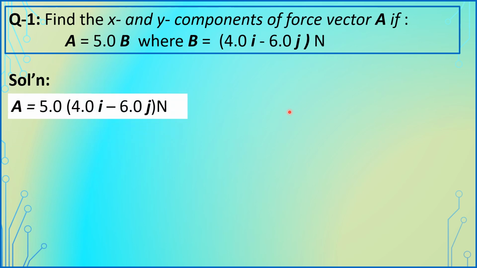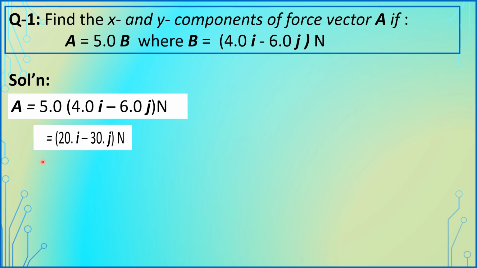So our solution, we just follow what is written in the question, that vector A is equal to 5.0 multiplied by vector B. That is 5.0 to be multiplied by 4.0i minus 6.0j, and this is expressed in Newton, of course.